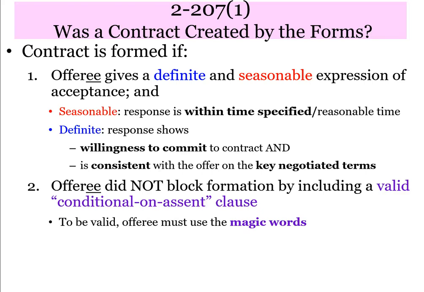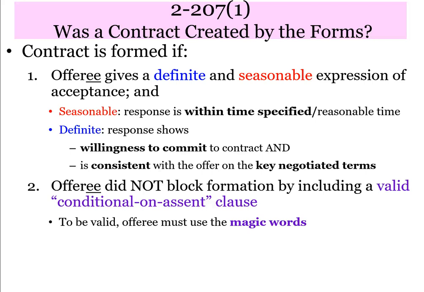Under what's known as the Dorton approach, in order for an acceptance to block formation of a contract, it is not enough that an acceptance is expressly conditional on the additional or different terms. Rather, it must be expressly conditional on the offeror's assent to these terms.